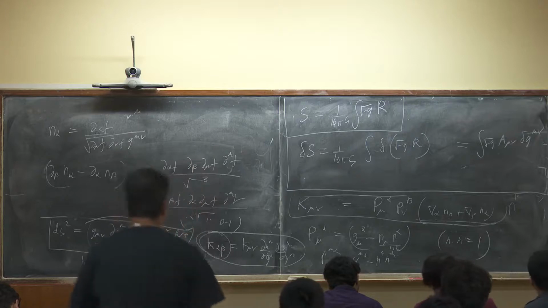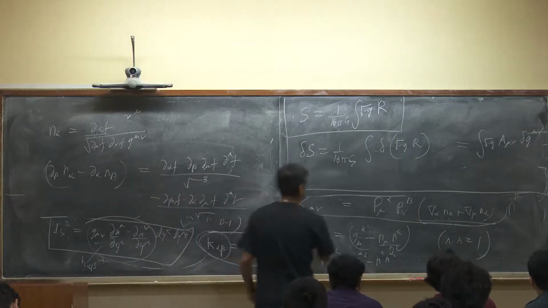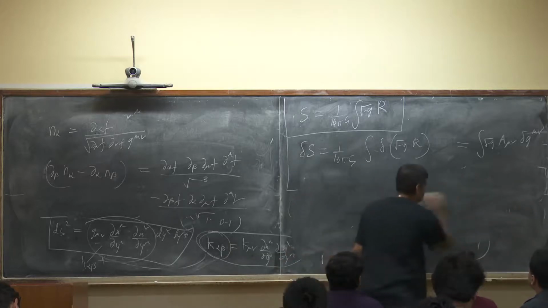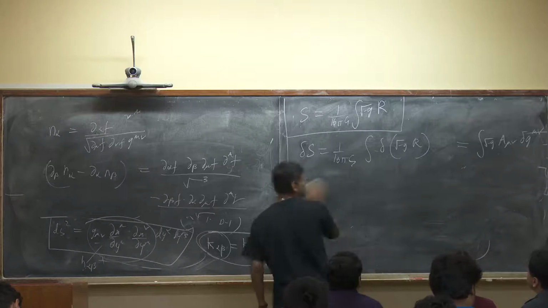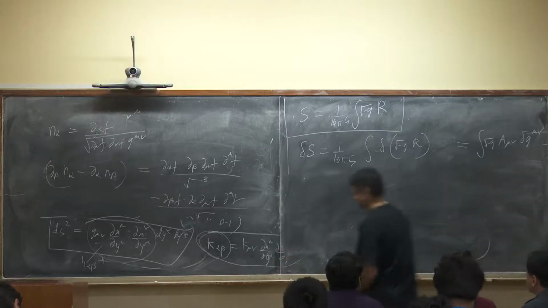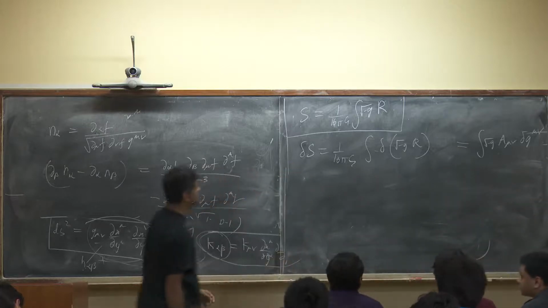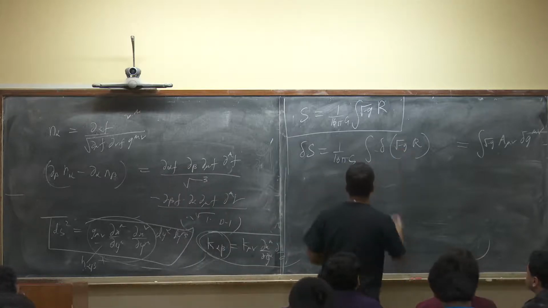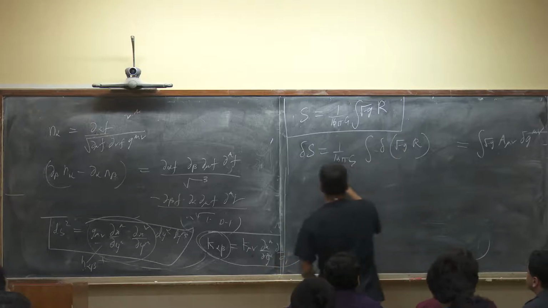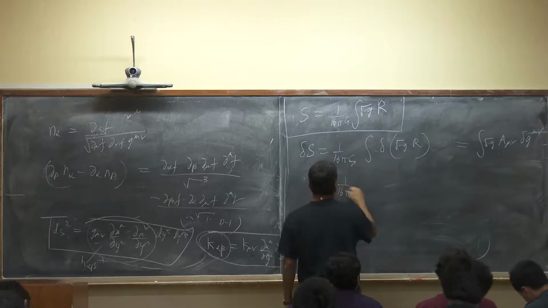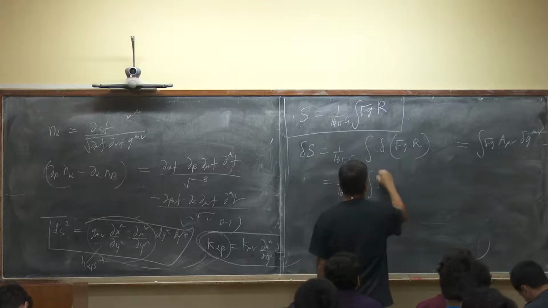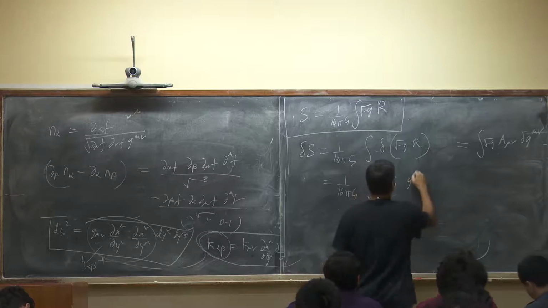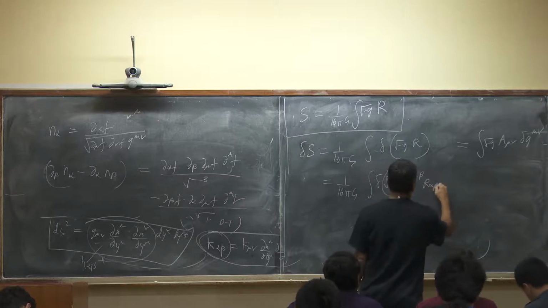So now there are three terms in this object here. You can vary the g in the square root g. So let's write this out more carefully. So this is 1 by 16 pi G times integral square root minus g, g alpha beta R alpha beta.